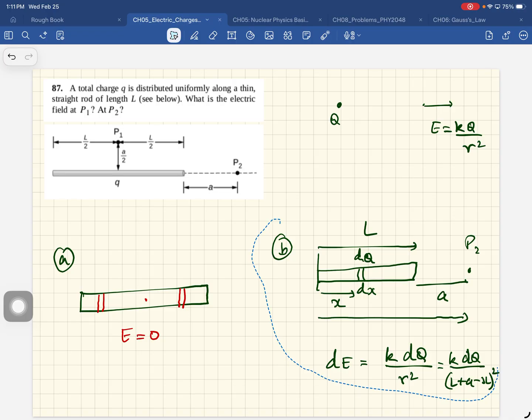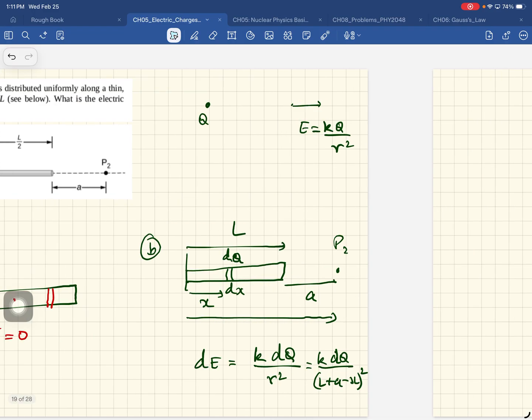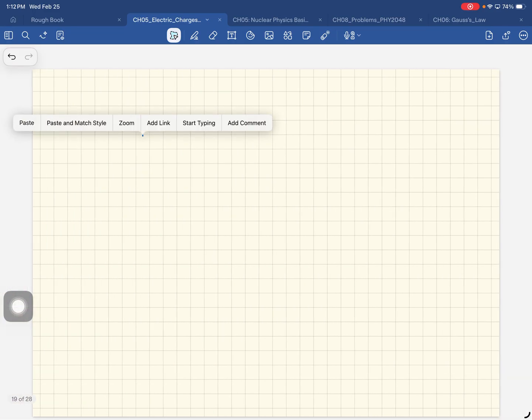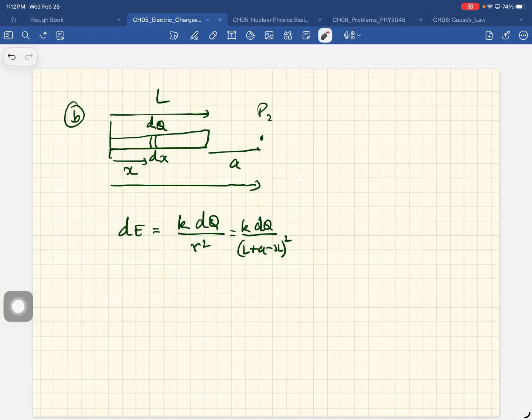What are the limits of integration? 0 to L. X needs to go from 0 to L, because that's where the charge is distributed.